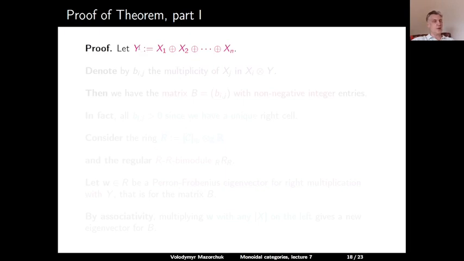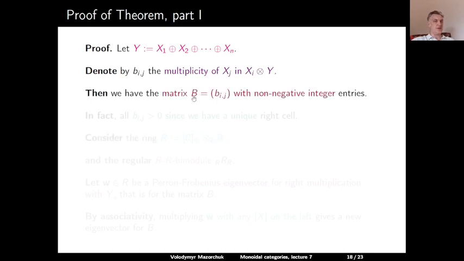Consider the object y of C, which is given by the direct sum of all the indecomposable objects. Multiplicity-free direct sum is not really important. Denote by b_ij the multiplicity of x_j in the tensor product of x_i with y. Then we have the matrix B, which consists of these multiplicities b_ij, and all these multiplicities are, of course, non-negative integer entries.